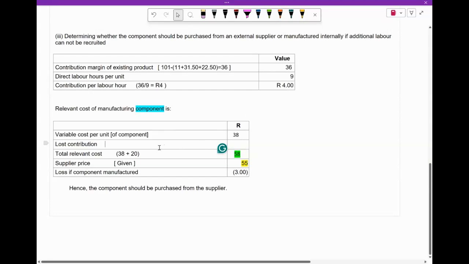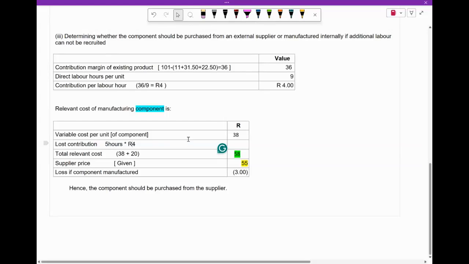We know that it takes 5 labor hours for the component. If you go back to the table, you'll see there, direct labor 5 hours at 2.50 Rand. So here we're saying 5 hours times the contribution that we get from the actual product. This is why we had to calculate this, which is 4 Rand. That's what we're losing if we say we're not going to produce this component.